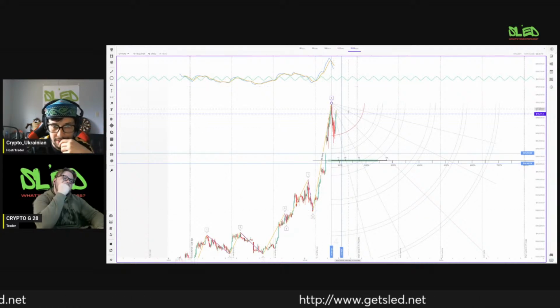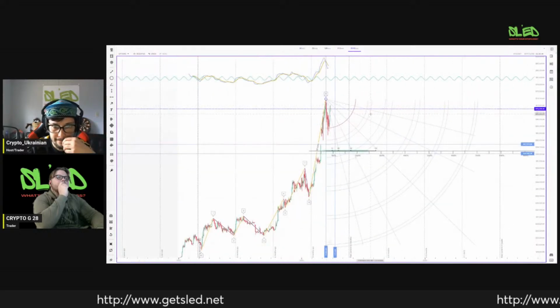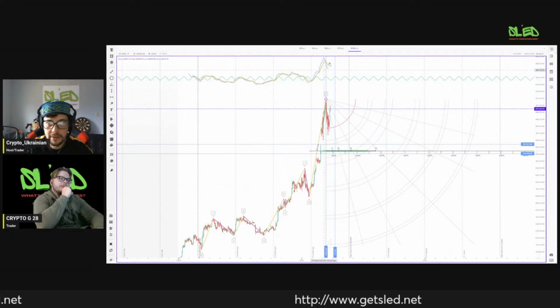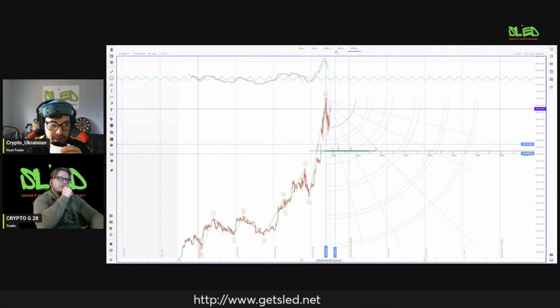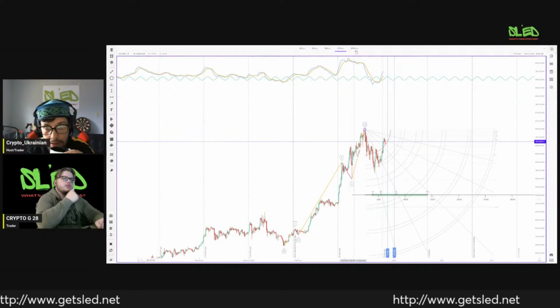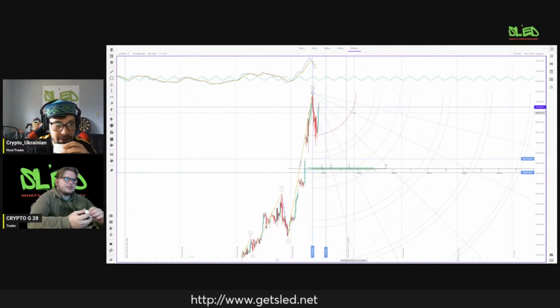So this is still a downtrend. Wait, wait, wait. You think the top is in? For now, yeah. I mean, it's not in forever, but for now, unless something changes, I still think the top is in. I know it's hard to believe. I'm just following the data.